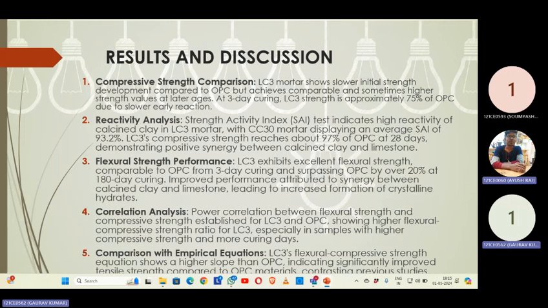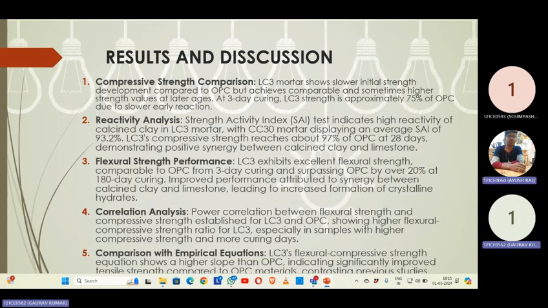Second point is reactivity analysis, strength activity index. The test indicates high reactivity of calcined clay in LC3 mortar, with CC30 mortar displaying an average SAI of 93.2%. Third point is flexural strength performance. LC3 exhibits excellent flexural strength comparable to OPC from 3-day curing and surpassing OPC by over 20% at 180-day curing.